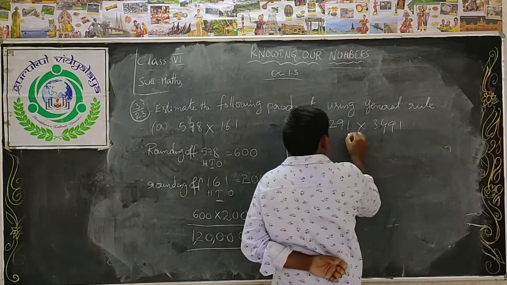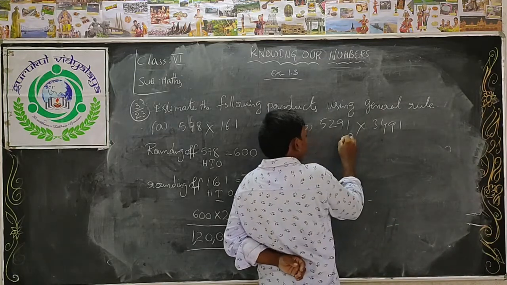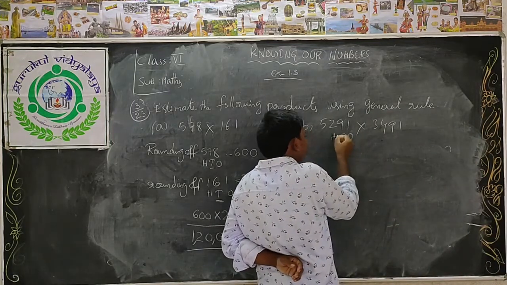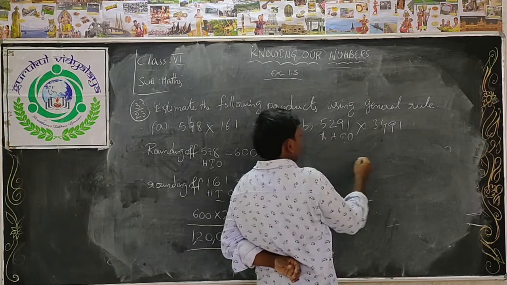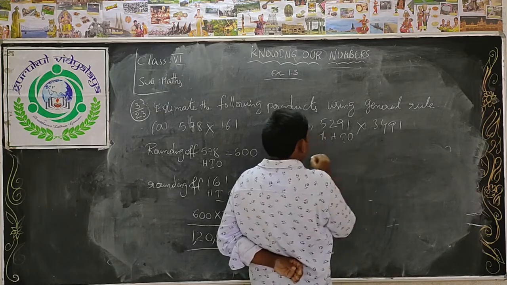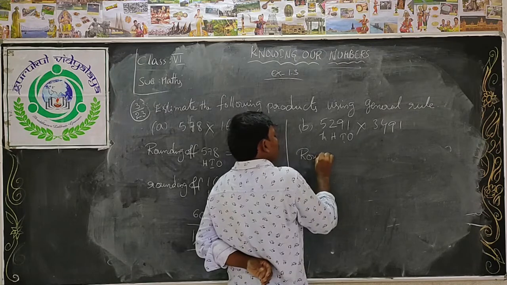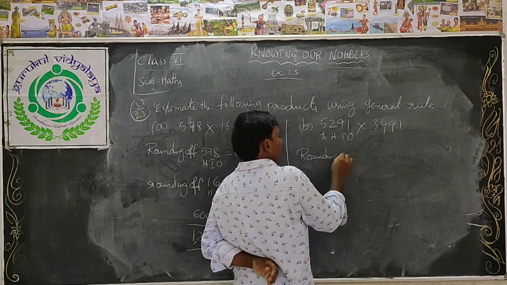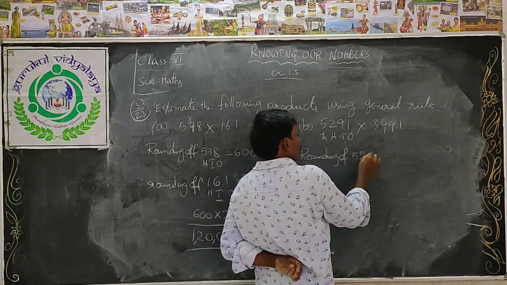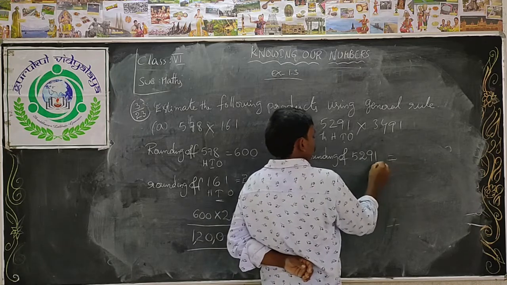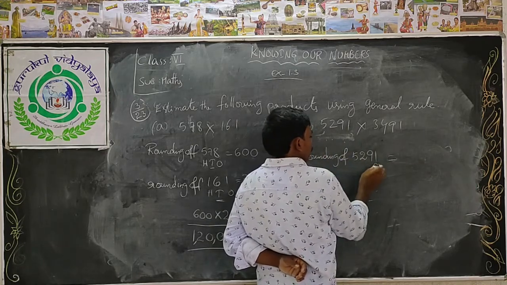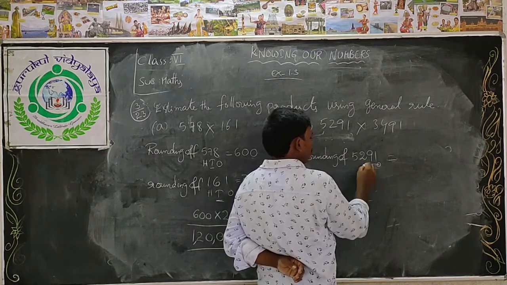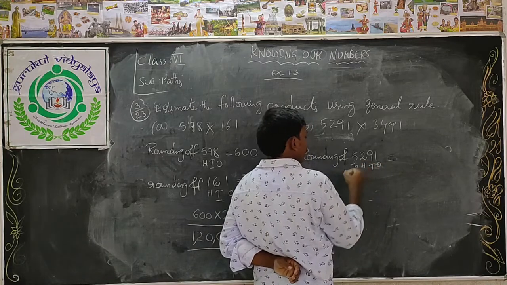B1. This is ones place value, tens place value, hundreds, thousands. The first one, rounding off 5,291. Ones place value, tens place value, hundreds and thousands.